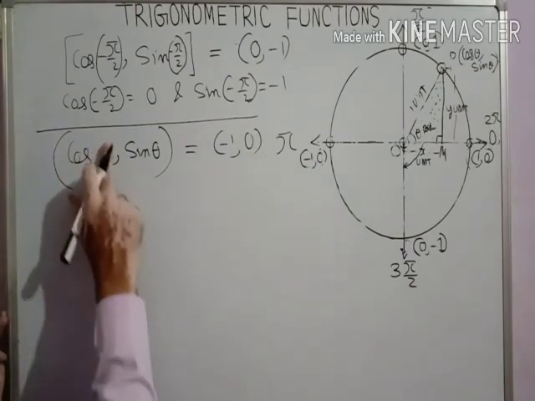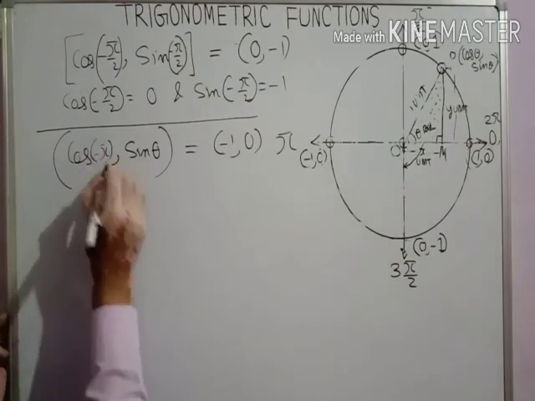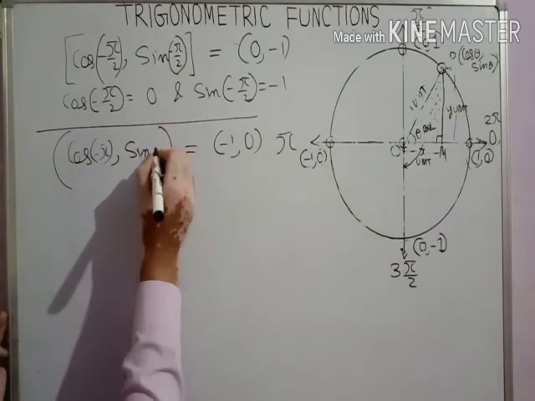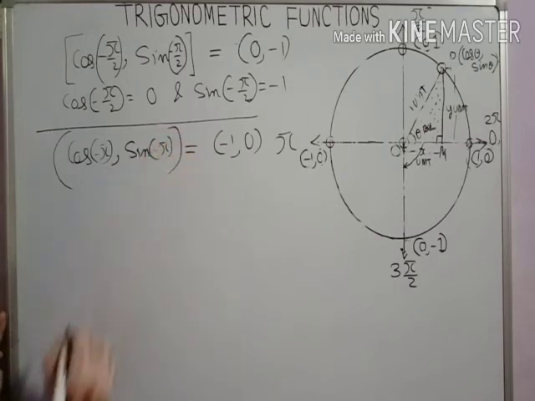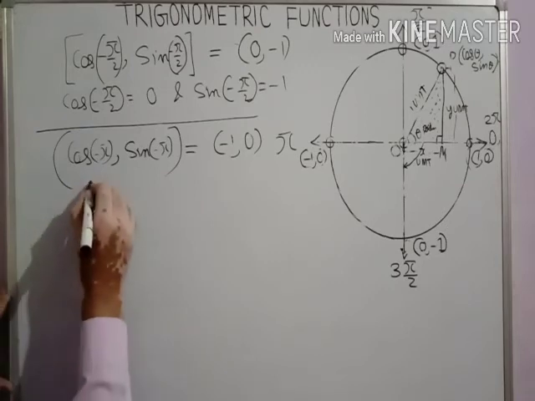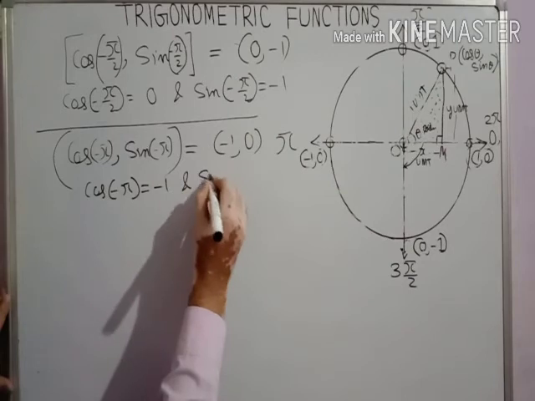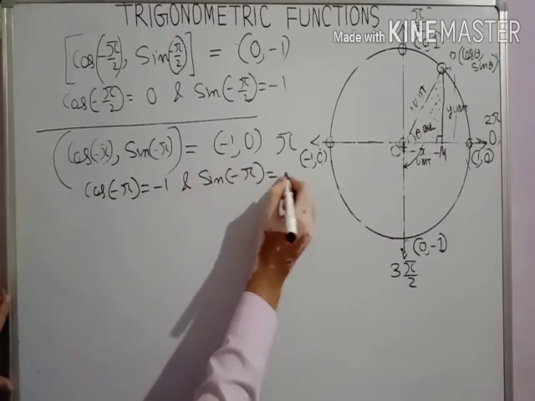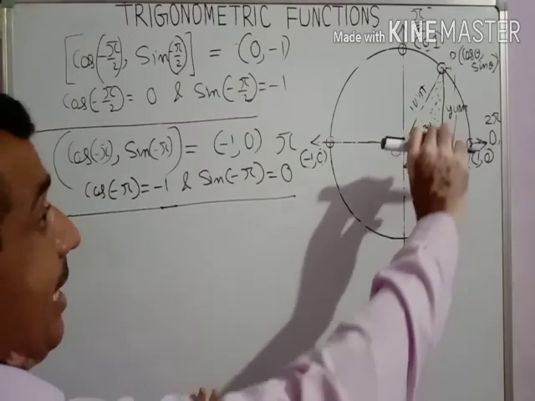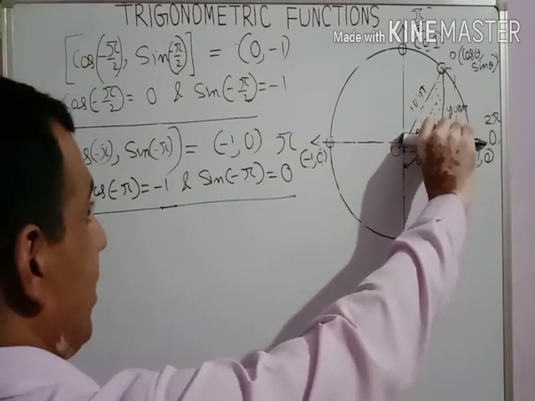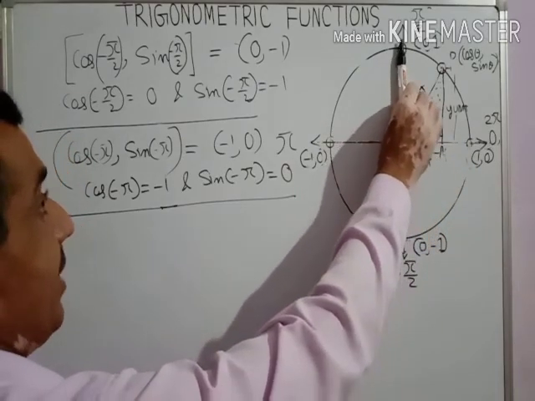You said sir, this time theta is minus pi, minus 180 degree or minus pi radians. It is very clear that cos minus pi equals minus 1 and sin minus pi equals 0.